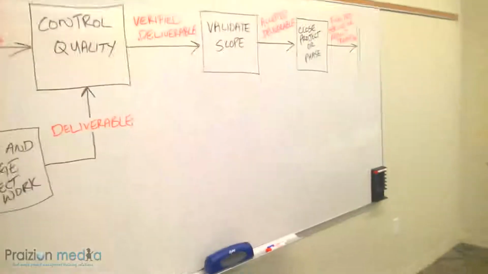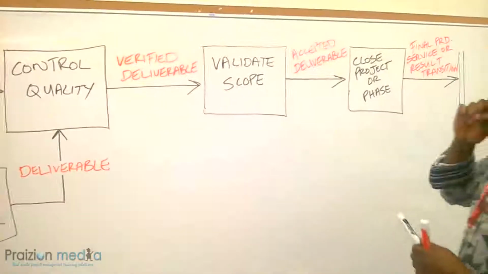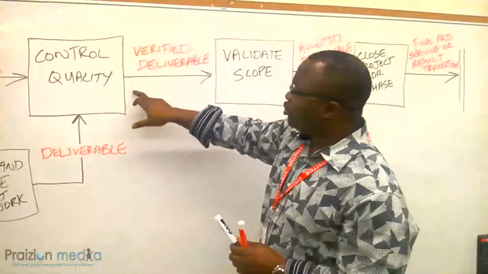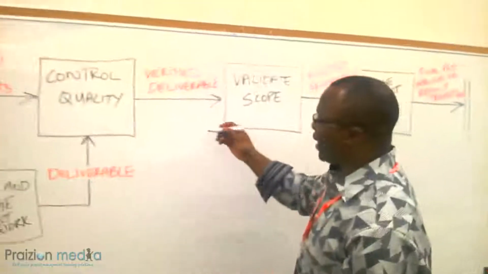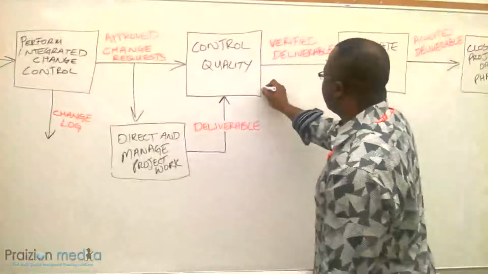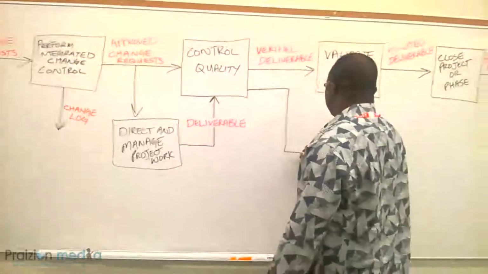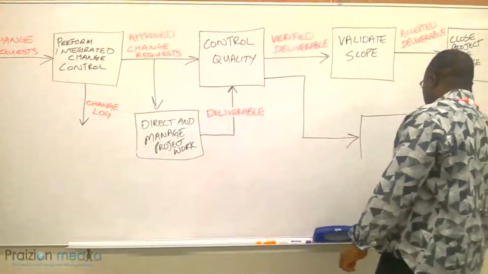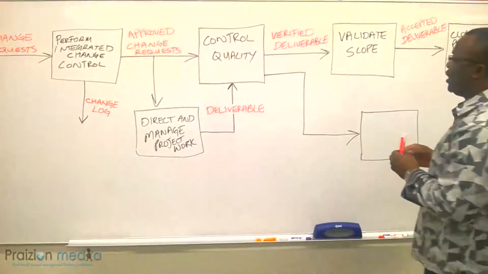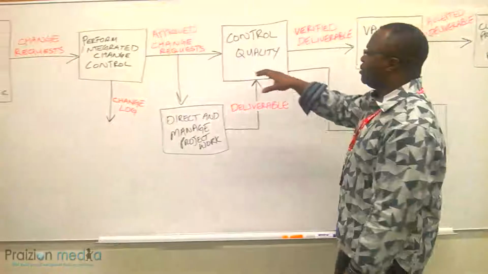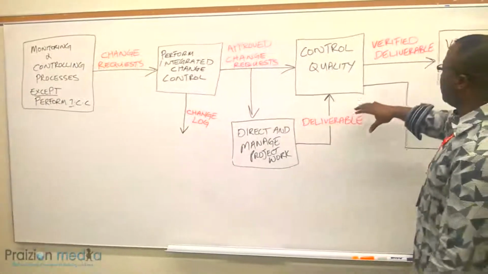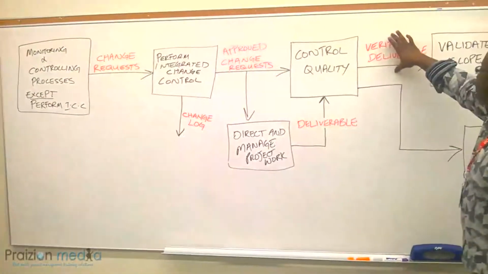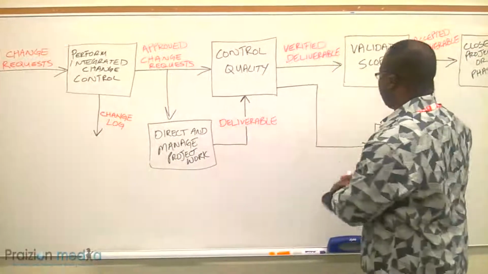All right, but there's still a few things that could happen. So think about it. In control quality, we also have an output, which is known as validated changes. That means these approved change requests have been confirmed in this verified deliverable.